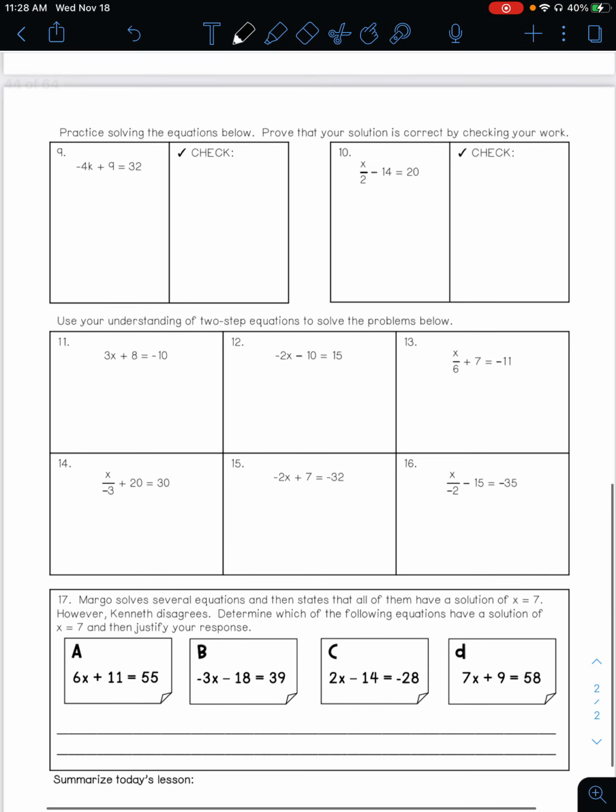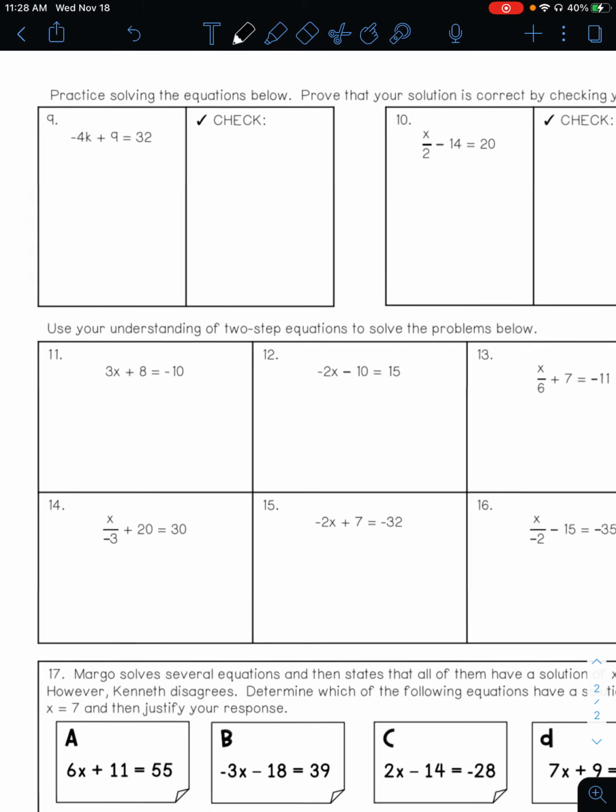So what does this mean for us? It means a lot when we are solving two-step equations. Take number 9: negative 4k plus 9 equals 32. First, we need to undo addition or subtraction by doing the inverse, the opposite. So we subtract 9. 32 minus 9 is 23, equals negative 4k.